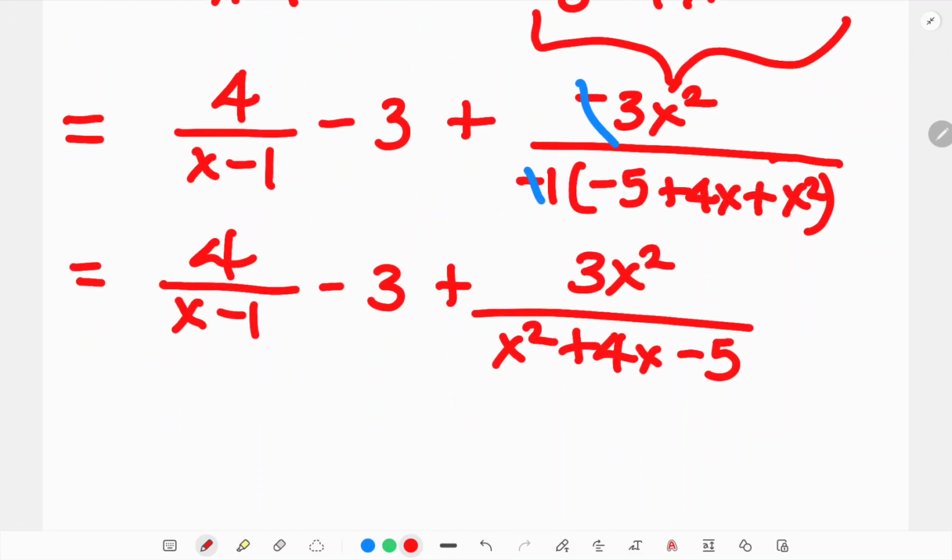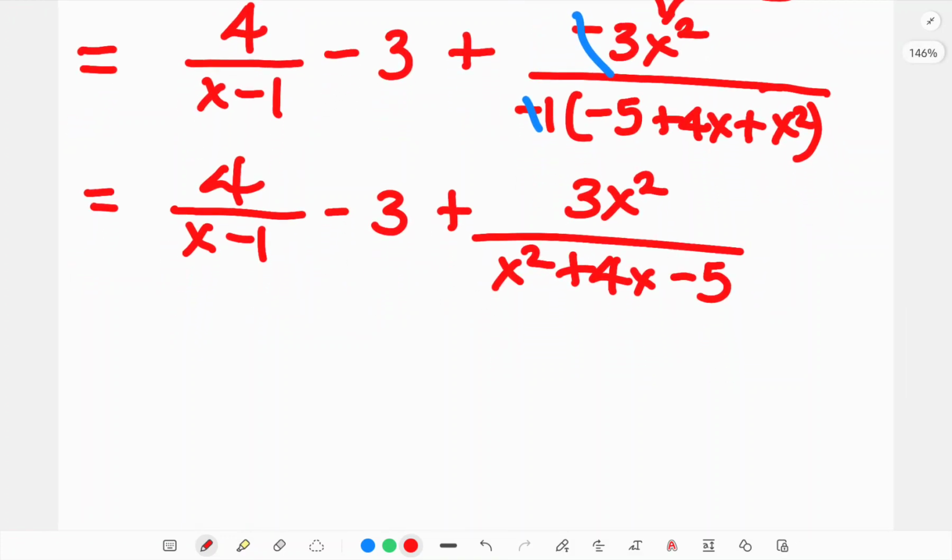Right. So what is the next step? The next step is to factorize, right? We need to factorize that part to make it simpler so that we can solve it. How can we do that? So this is going to be 4 over x minus 1 minus 3 over 1, which we didn't change anything, it's still the same thing.